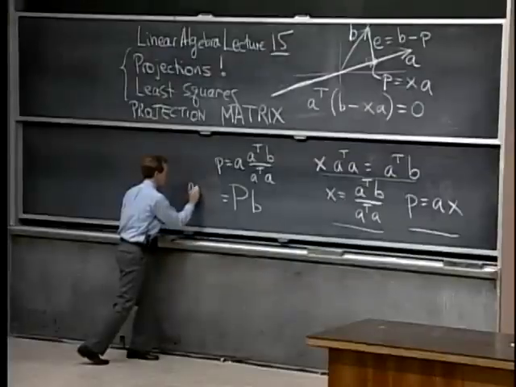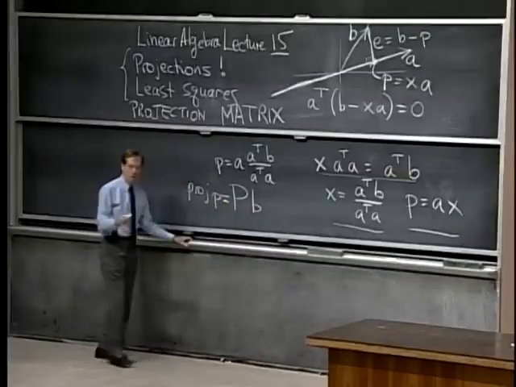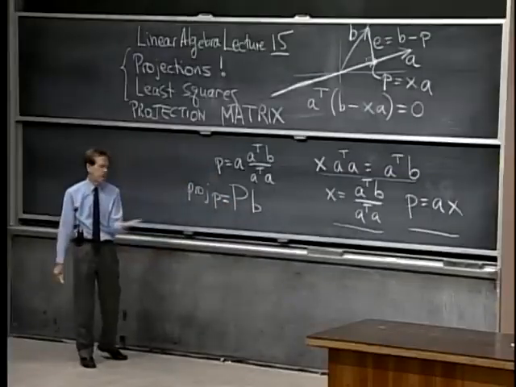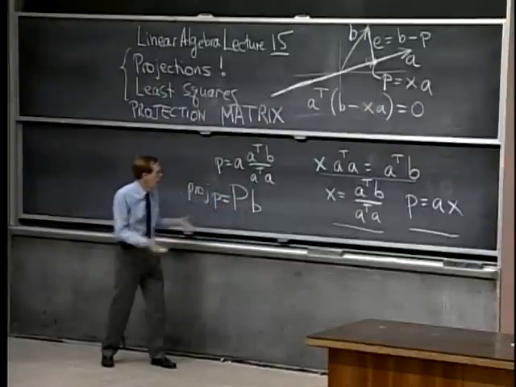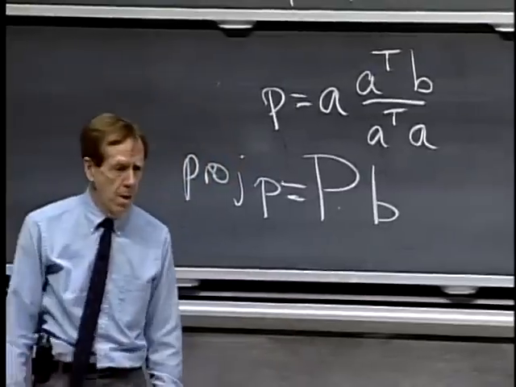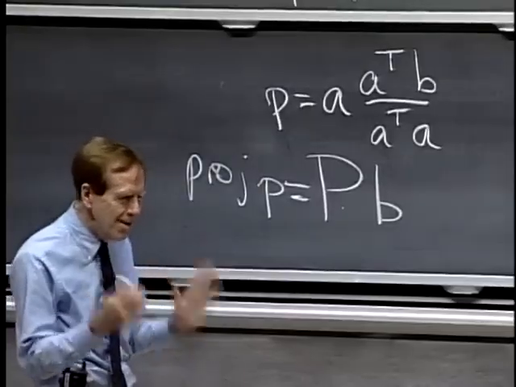The projection P is the projection matrix acting on whatever the input is. The input is B, the projection matrix is P. Okay, actually you can tell me right away what this projection matrix is. So this is a pretty interesting matrix.